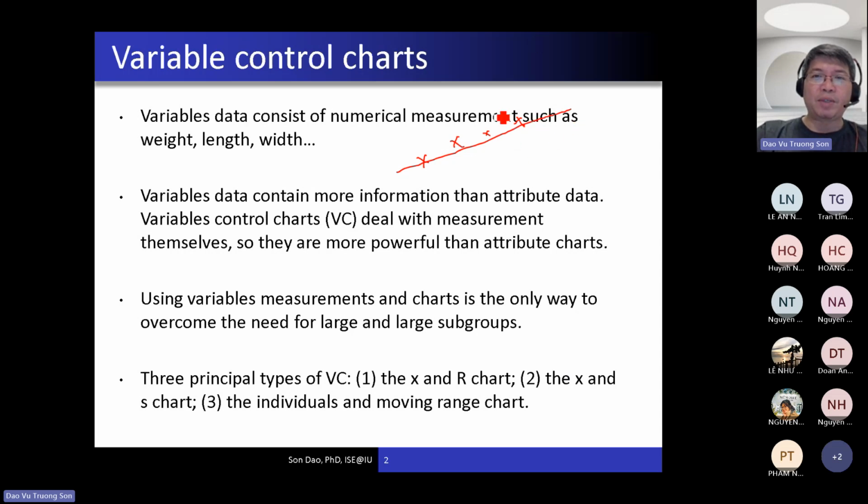But sometimes we have some points like this, and these points are considered to be outliers. In those cases, the difference between the minimum and the maximum is significantly changed. Therefore, the range chart can be problematic in dealing with those cases, and that is why people involve the S chart. S stands for standard deviation.